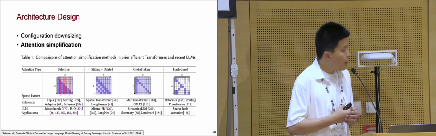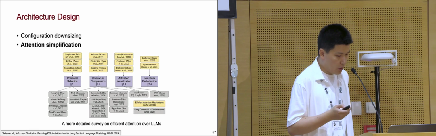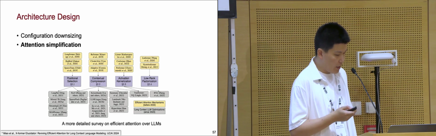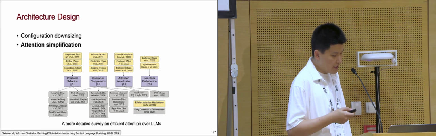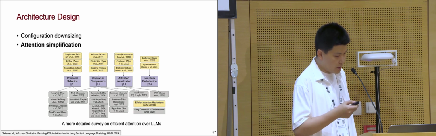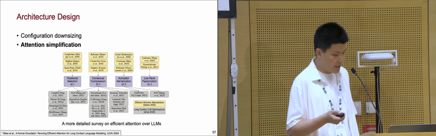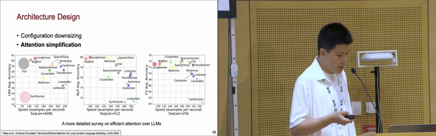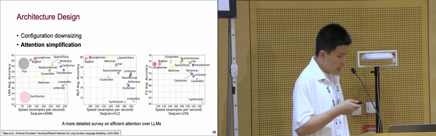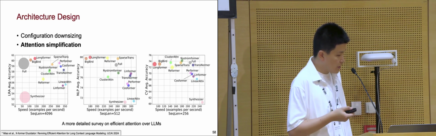And recently, there is a trend of borrowing ideas from prior attention simplification approaches, generalizing and combining them to shorten the context and reduce the KV cache size, as well as the attention complexity. We have listed some examples here.